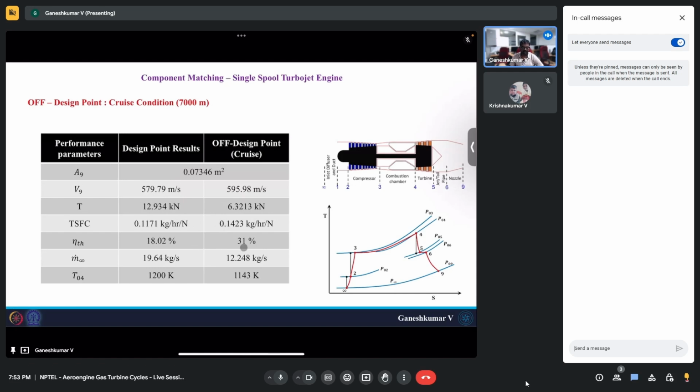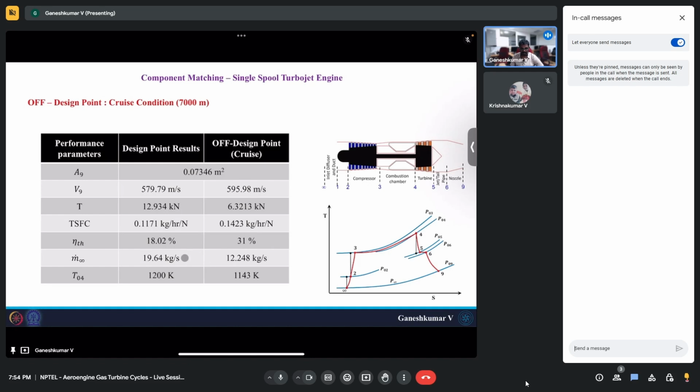And thermal efficiency comes out to be 31%, but if you have to calculate the overall efficiency, I think it will be very bad in terms of propulsive efficiency, because the engine is flying at 290 meters per second, but the exit velocity is like 600 meters per second. So you need to find the thermal efficiency and multiply to get the overall efficiency, and then you should compare those values.